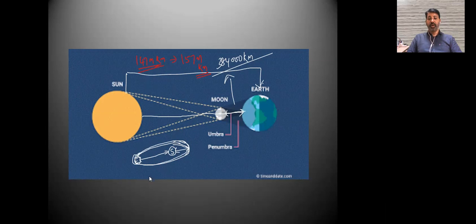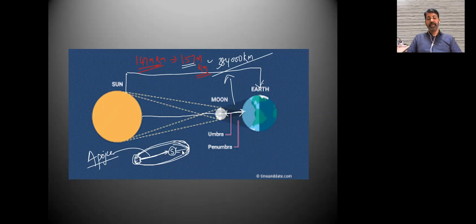So when it is far, this particular distance is approximately 157 million kilometers, and this is otherwise called apogee. Apogee means the farthest place, the farthest pathway of Earth away from the sun.